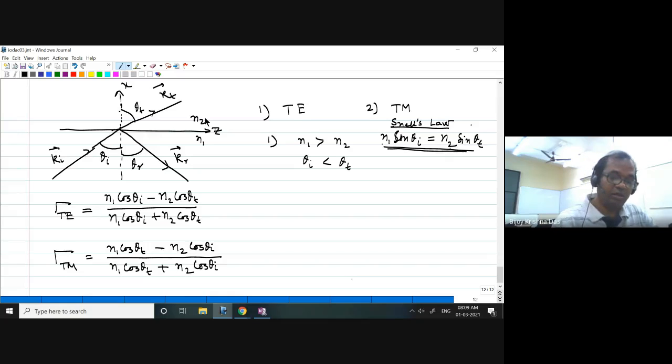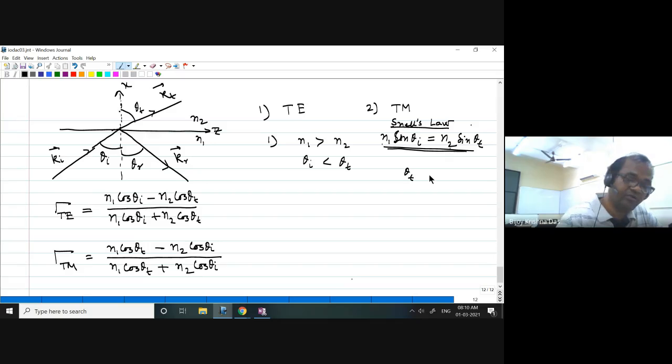So I cannot find a condition theta I where theta T can be greater than or equal to 90 degrees. Is that correct, what I'm writing? No, I am not correct.